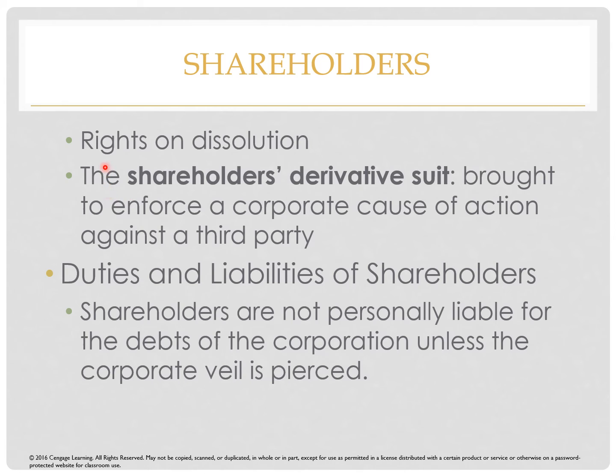Okay. Rights on dissolution. I previously alluded to that. When the company goes bankrupt, shareholders have a right to a pro rata share of corporate assets. And what that looks like is the corporation is going to sell everything they own, convert it to cash, and then pay to shareholders in proportion to their ownership.